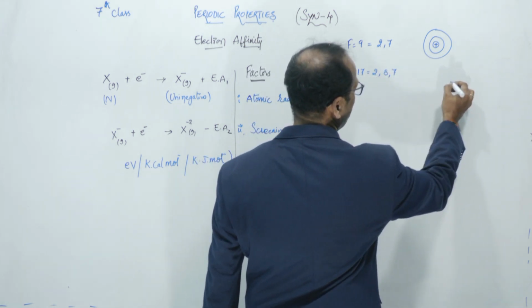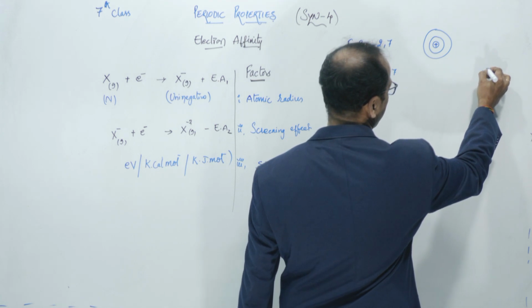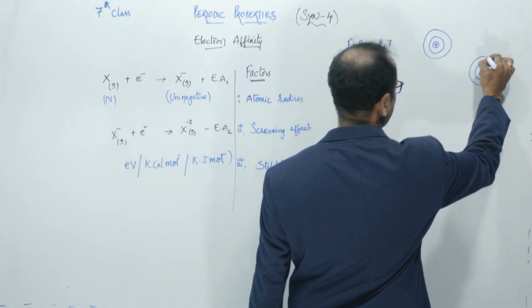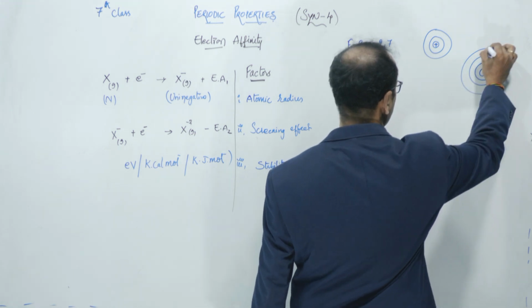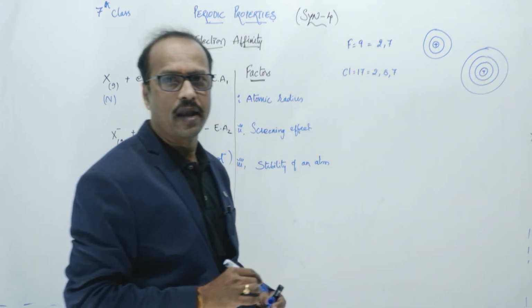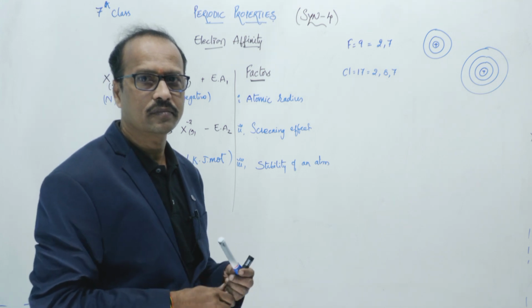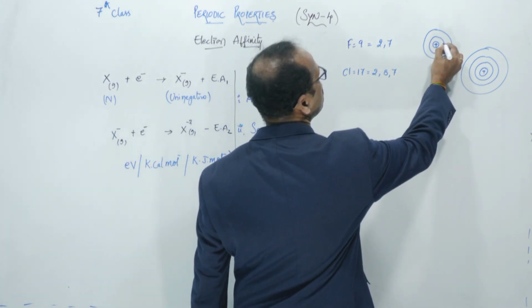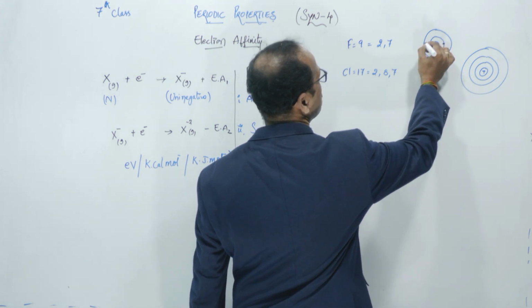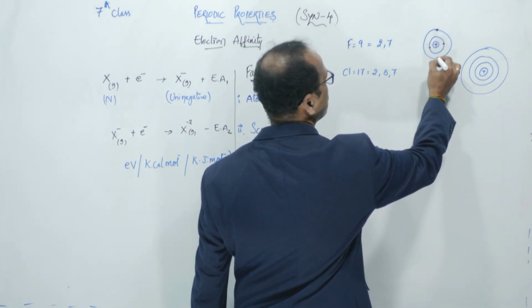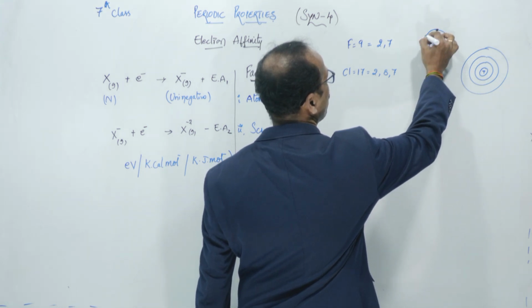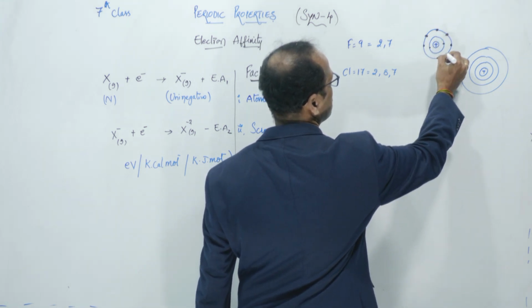What can we write? 2, 8, 7. Now what will be its structure? The structure is nucleus, this is the first shell, this is the second shell, and now the third shell. So three shells on it, right? Now here you see: in the first shell 2 electrons and in the second shell 7 electrons, so I'll write 1, 2, 3, 4, 5, 6, 7.